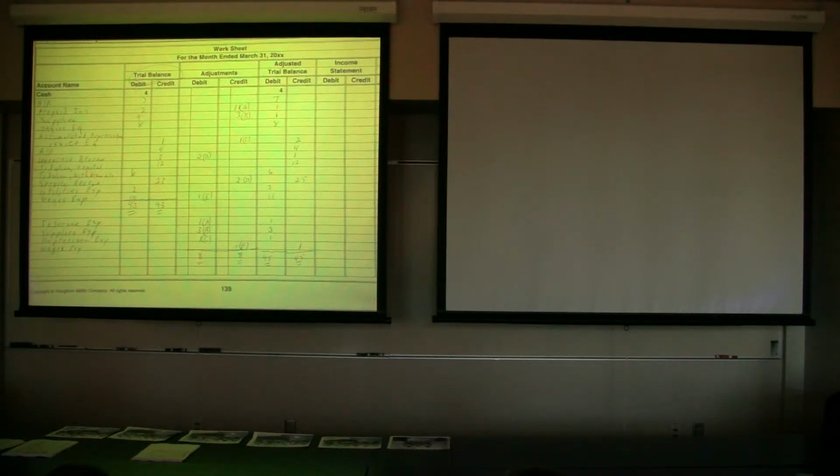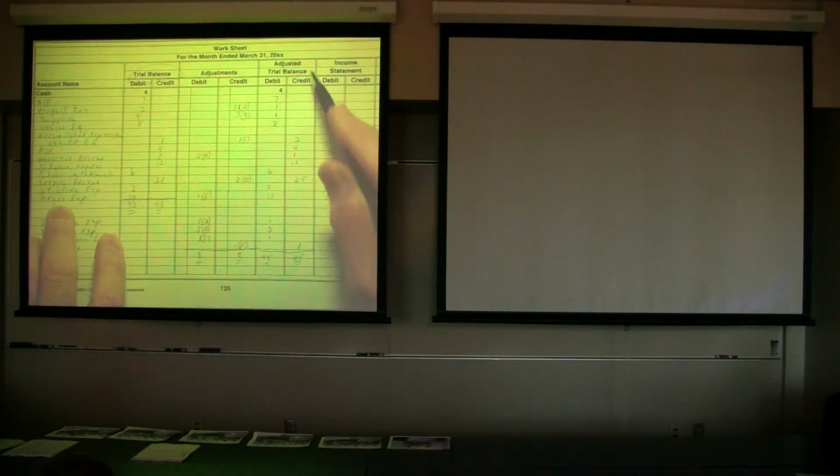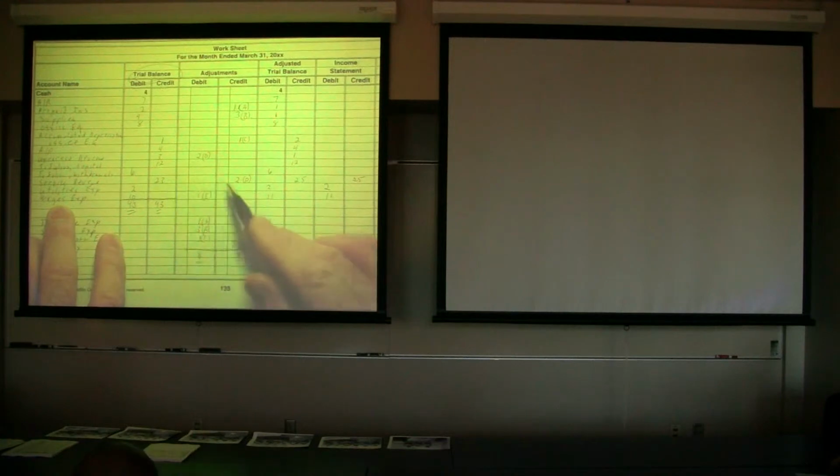There's one revenue account, it's this 25, so I'll put it over here. As far as the expenses, here's utilities expense for 2, wages expense for 11. Notice I got this 25 from the adjusted trial balance. It was 23, but we're not using the 23 because we earned an additional 2 from the unearned revenue.